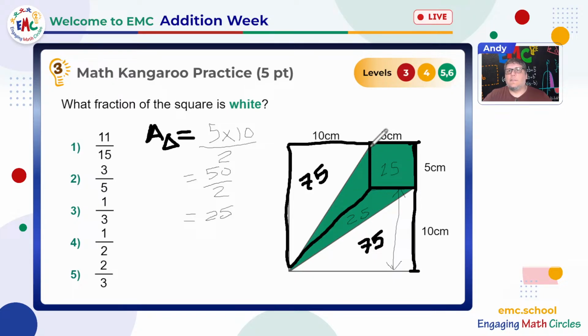And similarly, it's 5 here as a base with a height, if I turn my head 90 degrees, of 10. And so I get another 25. So what fraction of the square is white? We have 2 75s out of all of it, which is 3 75s. So we get 2 out of 3, 2/3.